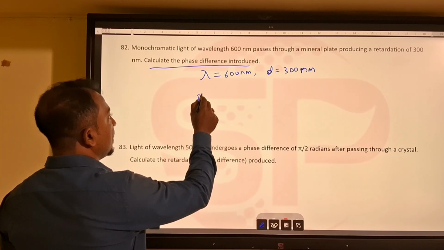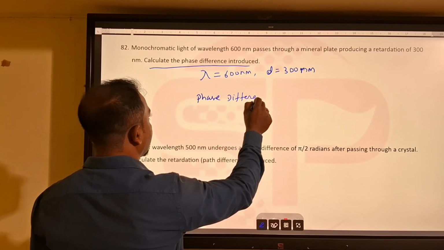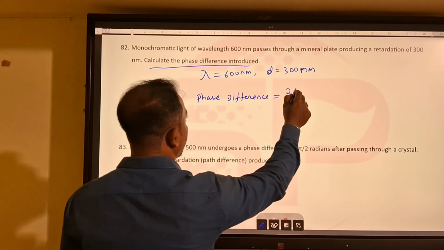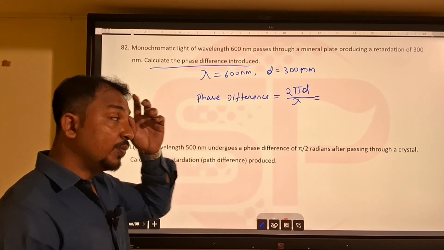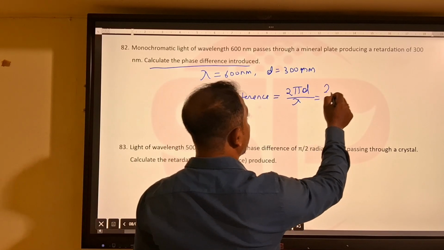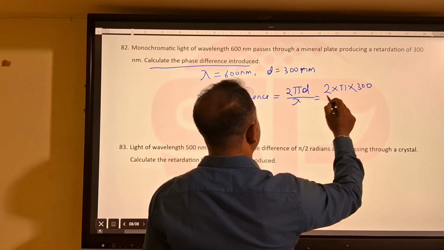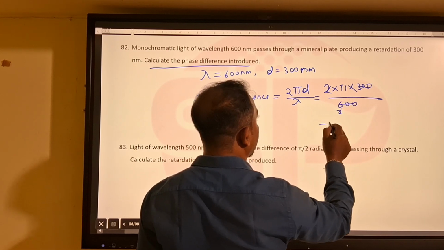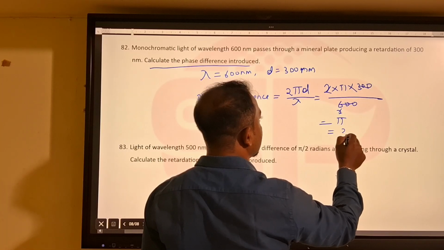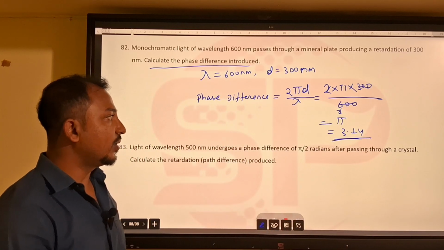The phase difference will be 2 pi d by lambda, so 2 into pi into d, which is 300, by lambda, which is 600. So it will be pi, or you can say 3.14. 3.14 will be your answer.